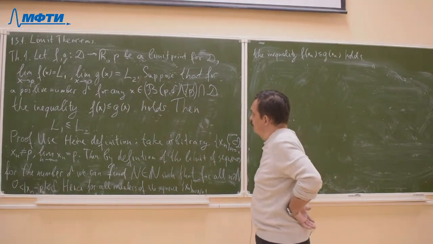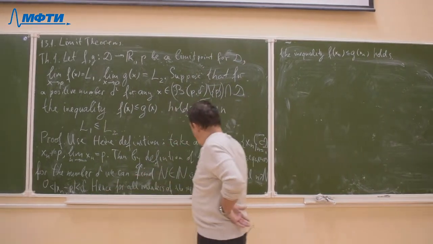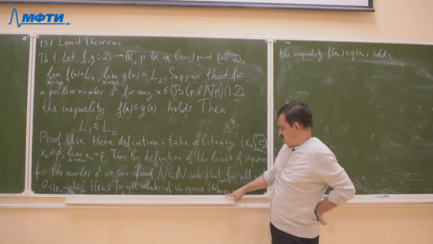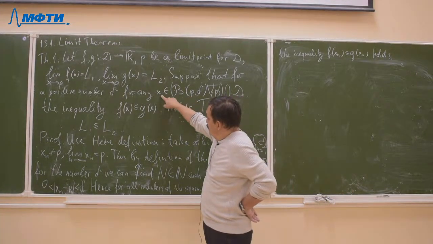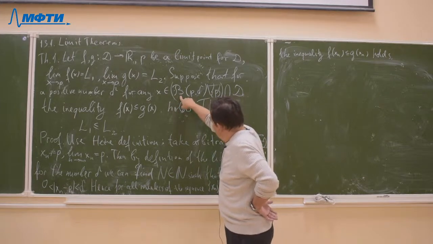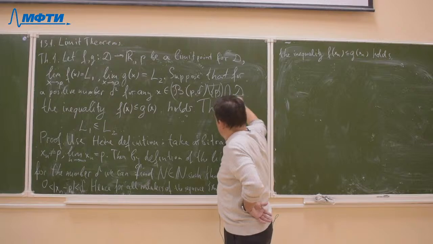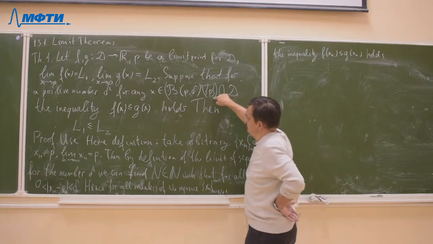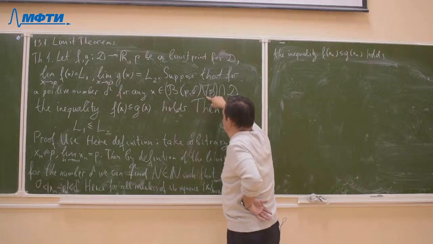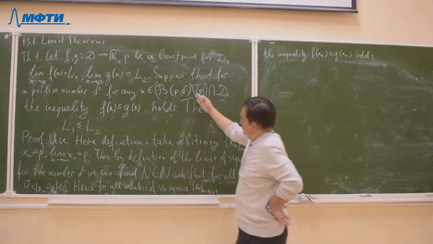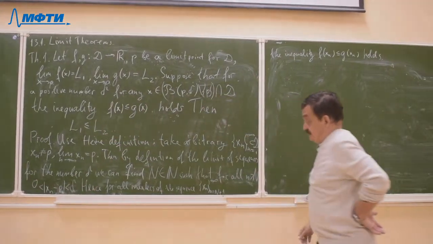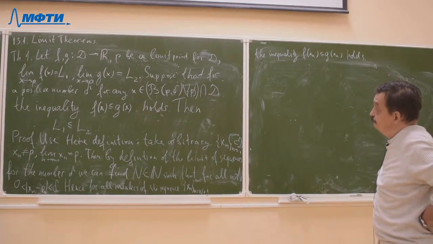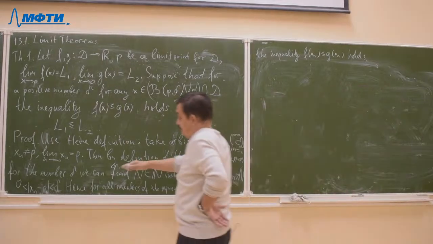It means that all members of our sequence, for indices greater than capital N, are situated in the intersection of D with the neighborhood without P, because this neighborhood without P is just the set defined by such inequality.